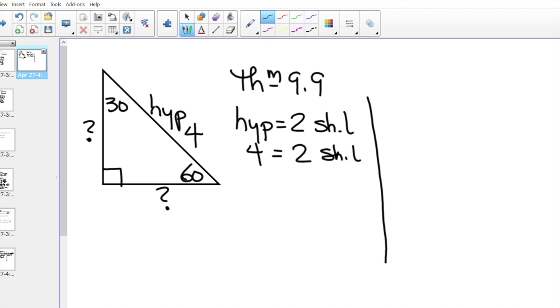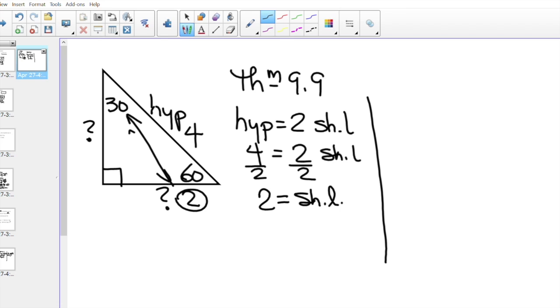Using our knowledge of a little algebra, we eliminate the 2, we divide by 2, and so 4 divided by 2 is 2, and the shorter leg would equal 2. This is the side opposite the 30-degree angle.